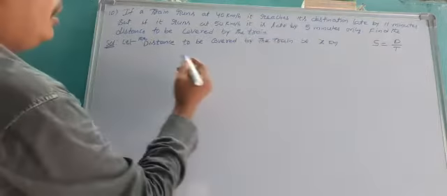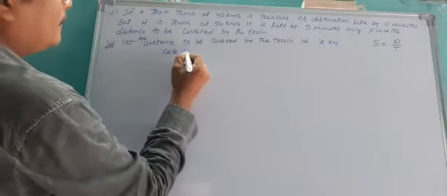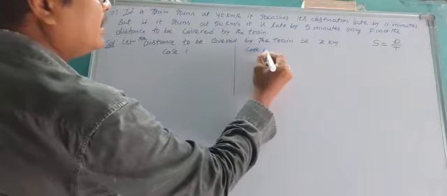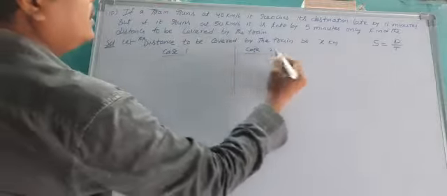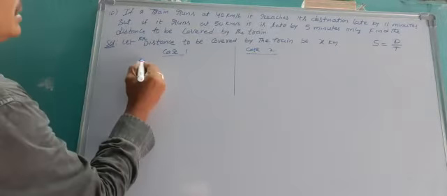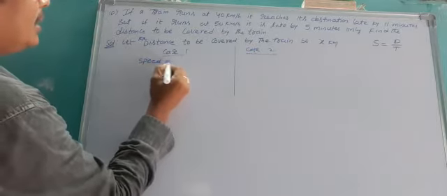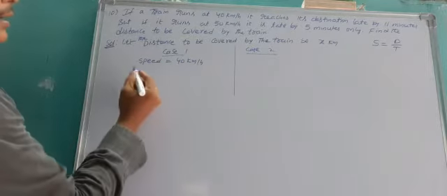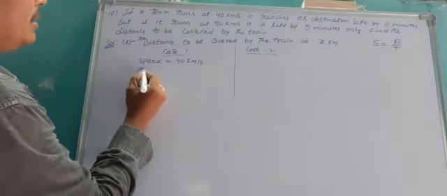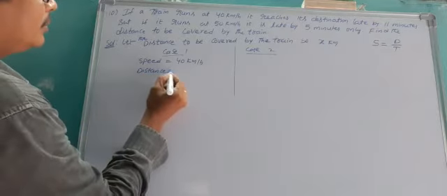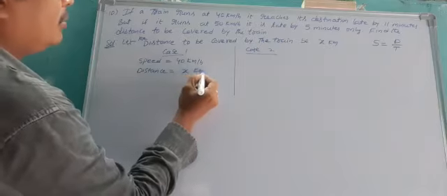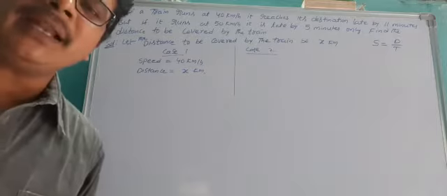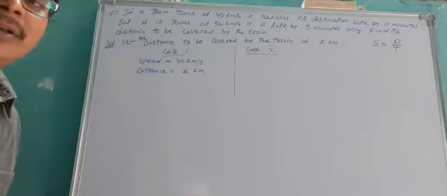Okay, how? In case number 1 and case number 2. In the first case, the speed of the train is 40 kilometers per hour, and the distance is the same, x kilometers.